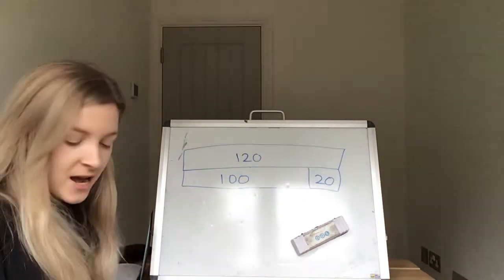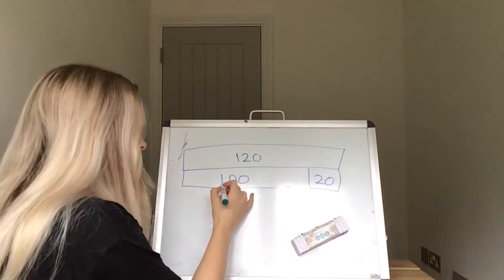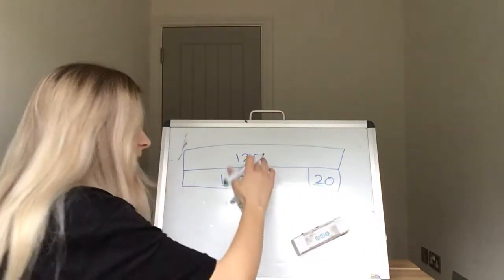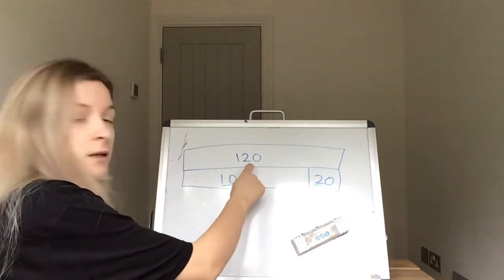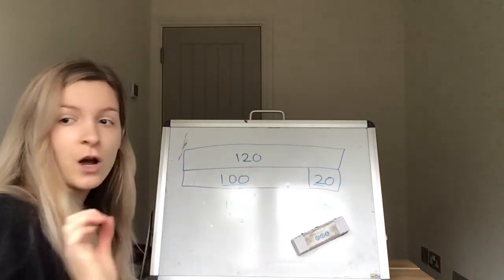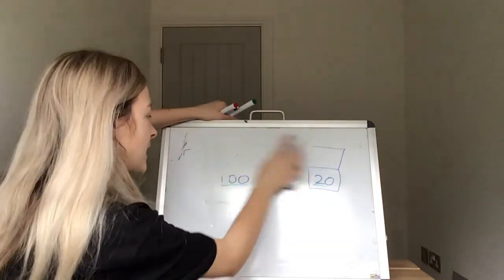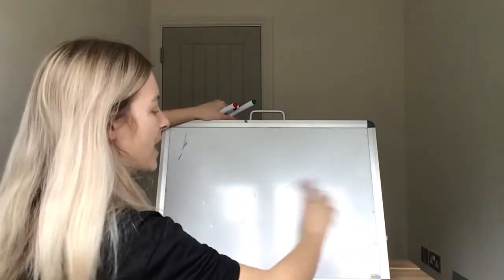What are my addends? My addends are, of course, 120. These are my addends, and my sum is 120. Okay, so hoping by now you are picking this out rather easily. The addends are the ones that you're adding together.